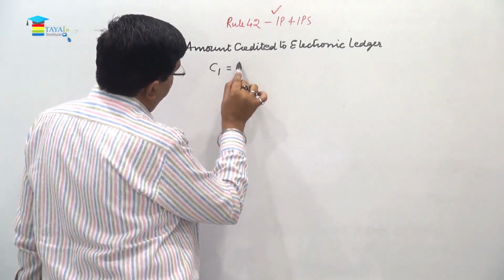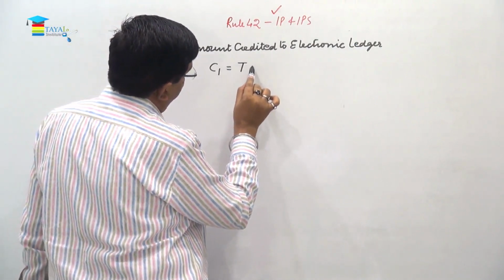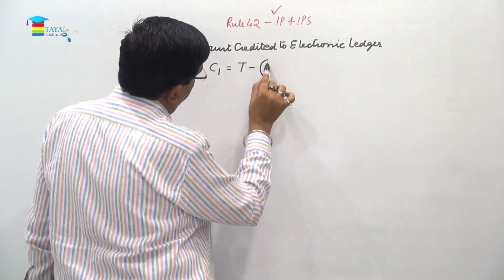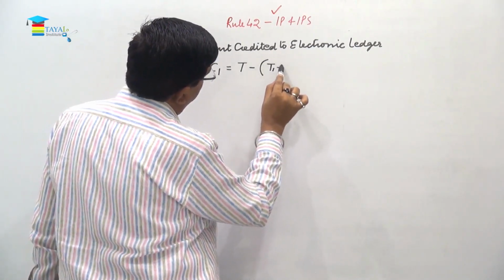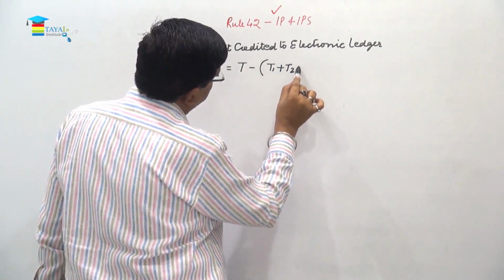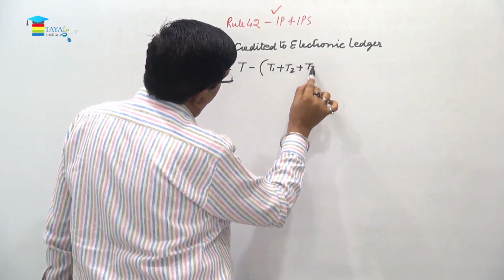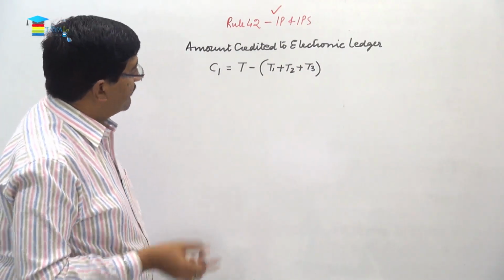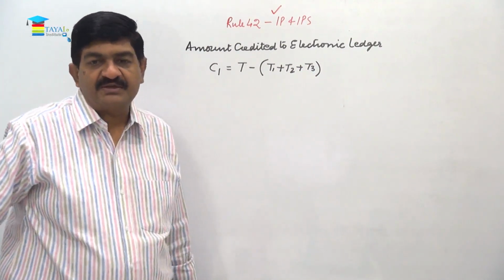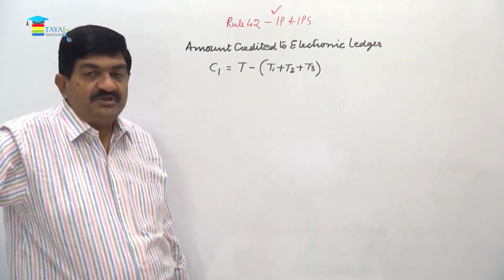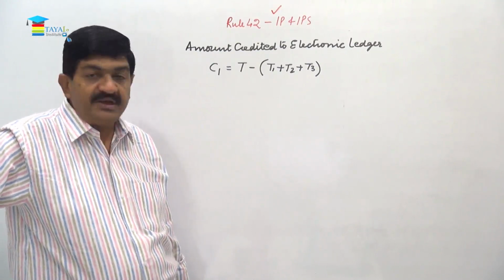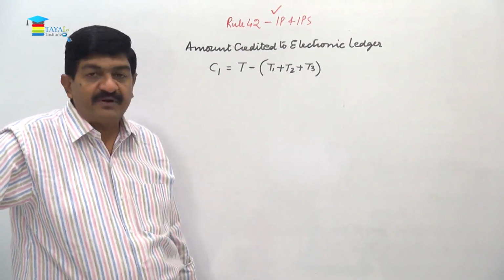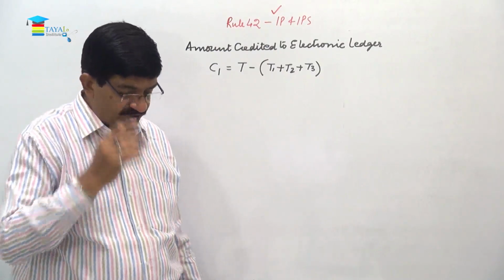This is equal to T minus T1 plus T2 plus T3. So the amount credited to the ledger has been given a name C1. C1 is equal to T minus T1 plus T2 plus T3.